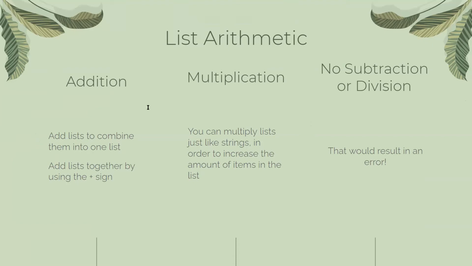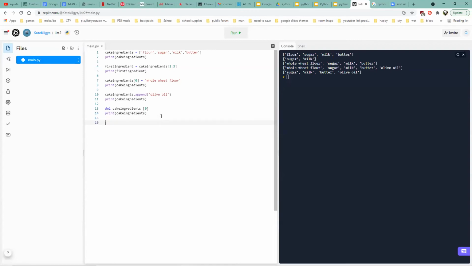Okay, so if you had another batch of cake ingredients, and they were, for example, baking soda, or okay, there's another way you could do this.